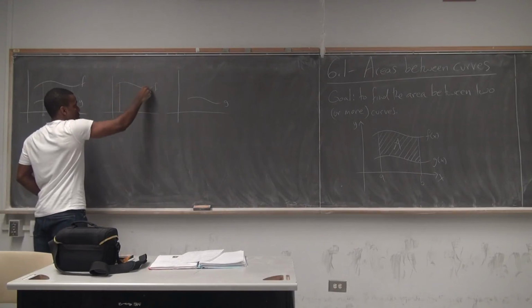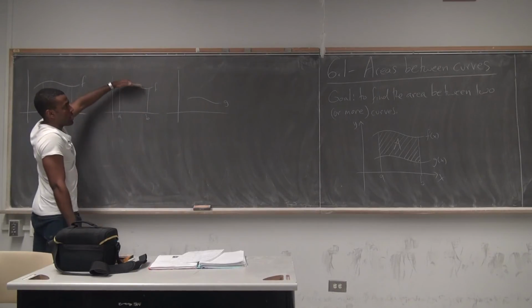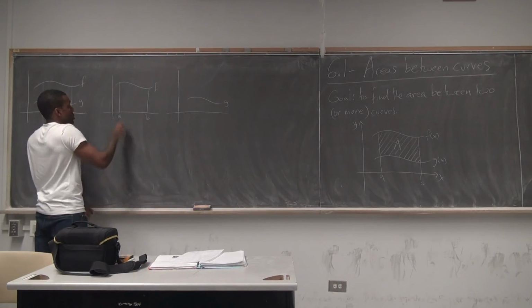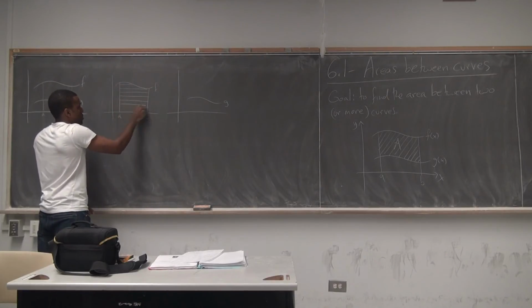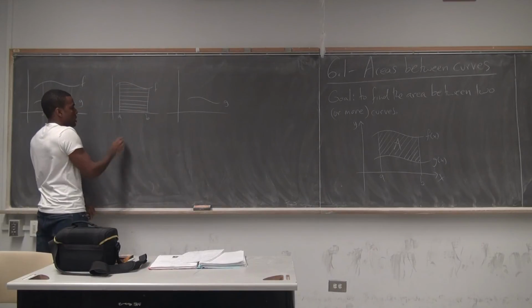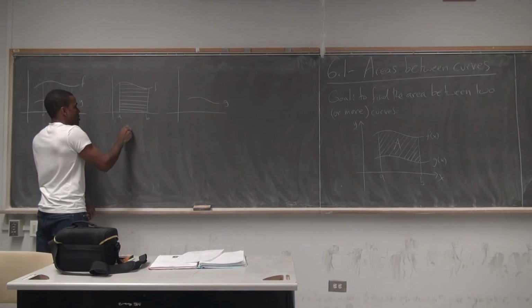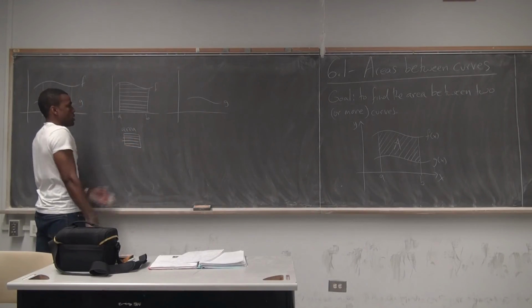What you're actually going to do is think of it in this way. You're going to take the area under F, which, let's just shade it like that. The area under all of F, which we know is just the area of this guy. How do you find the area of that guy?